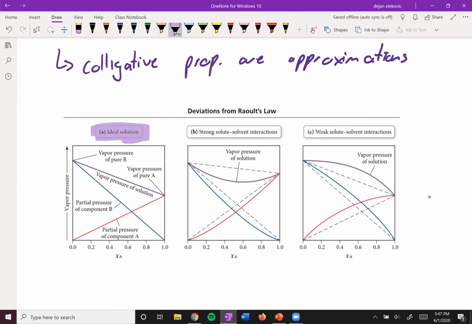In this ideal solution, basically what we pretend is that these solute-solute and solvent-solvent interactions are non-existent, or that they're exactly the same as the solvent-solute interactions. But you can see that's not always true. When they're strong or when they're weak, they'll deviate away from Raoult's law here. So again, all of this colligative stuff is just an approximation.